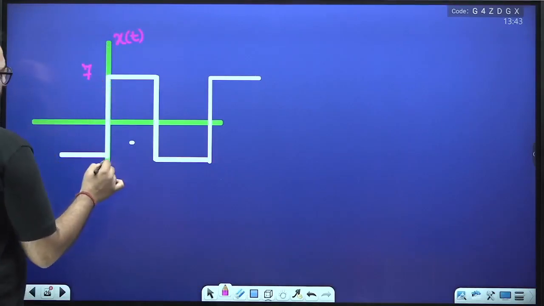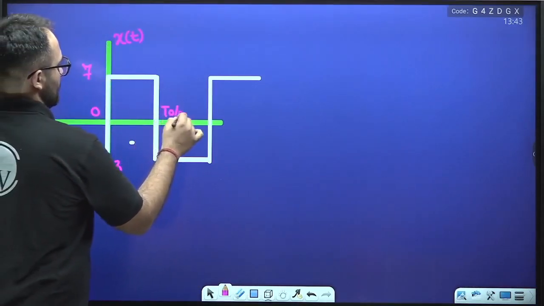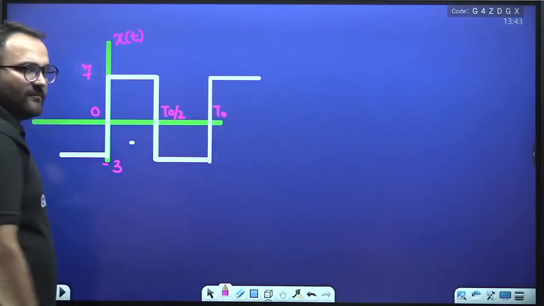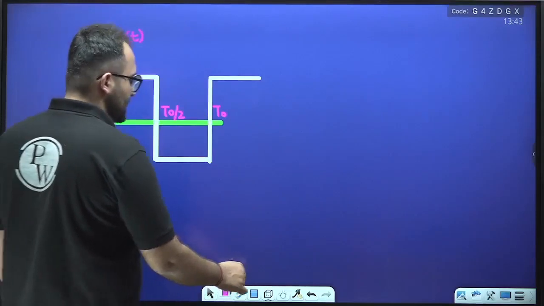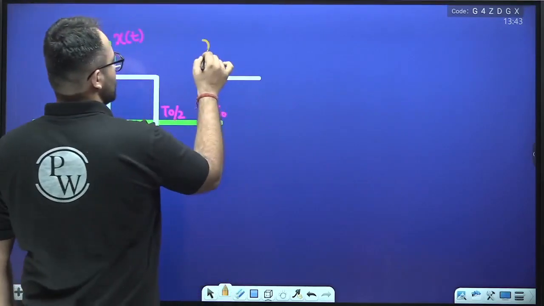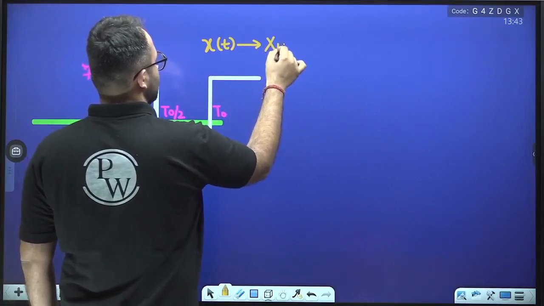Here it is minus 3. This is 0, t naught by 2, t naught, and so on. So this signal, let us say that xt has Fourier series coefficient xk.